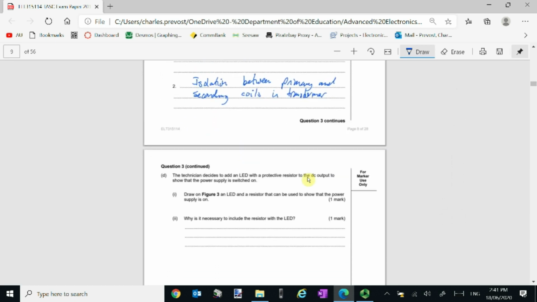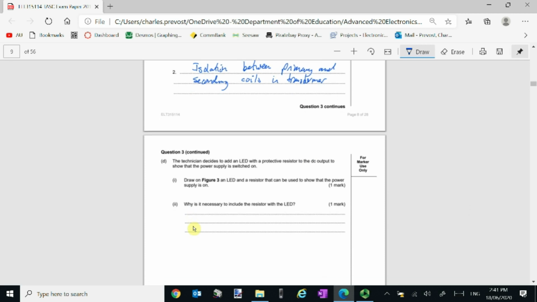Why do we need that resistor there? The LED would overload without it. So the LED can only take about 2 volts of forward voltage. So it can only drop about 2 volts.